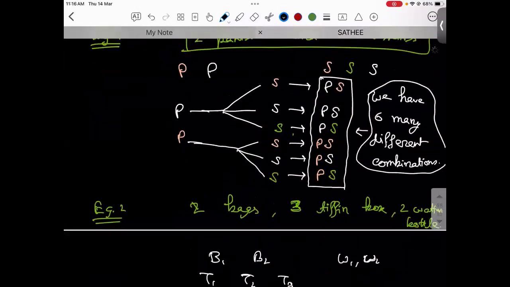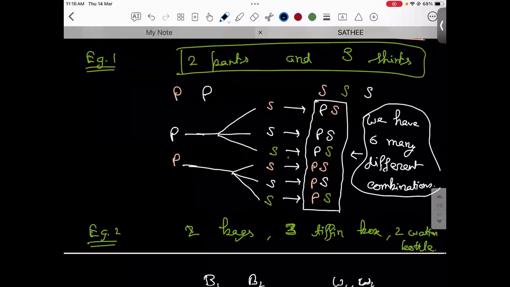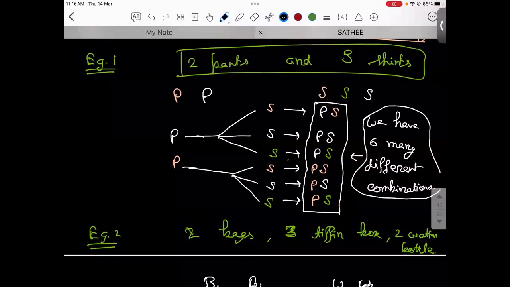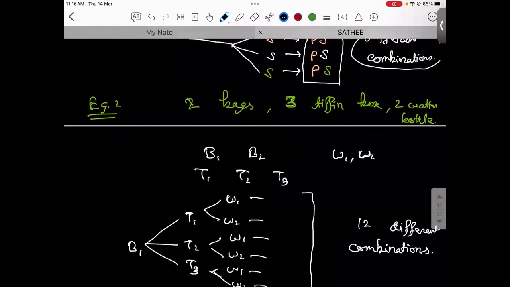Now from above and from below, can you say just by watching the statement how many choices I can have? I have discussed how we get different choices. Now can you say from example 1 and example 2, just by knowing the number of bags, tiffin boxes and water bottles I have, the number of possible combinations?